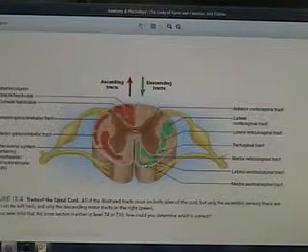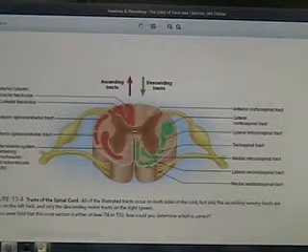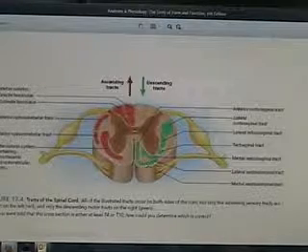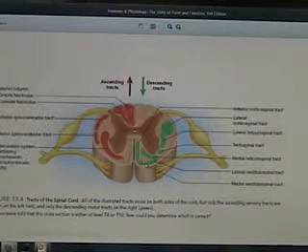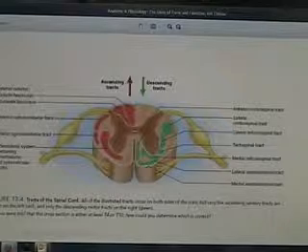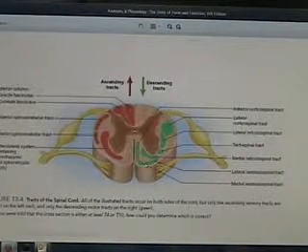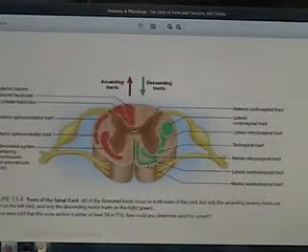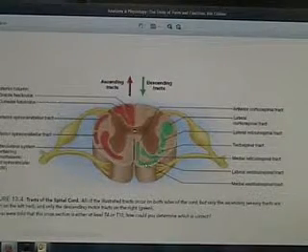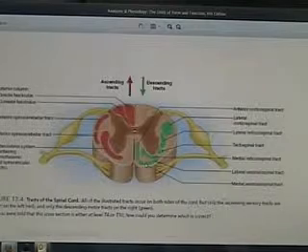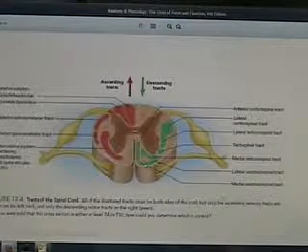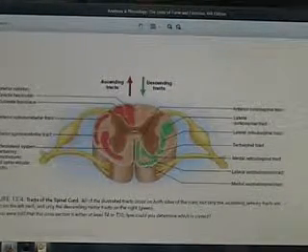If you look at that, they just purposely put all the descending tracts on the right side and all the ascending tracts on the left side. But on the left and right side, they have ascending and descending tracts. Remember, it is important to understand that these tracts or pathways, once they are destroyed, you can't rebuild them. So it's very, very important that we keep them safe.